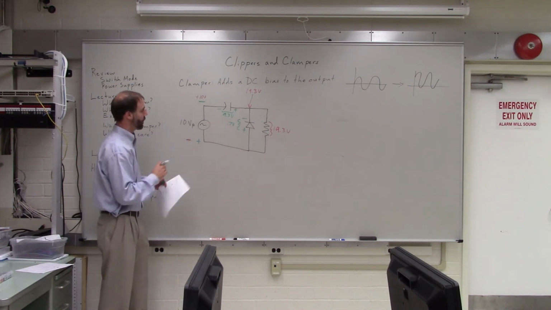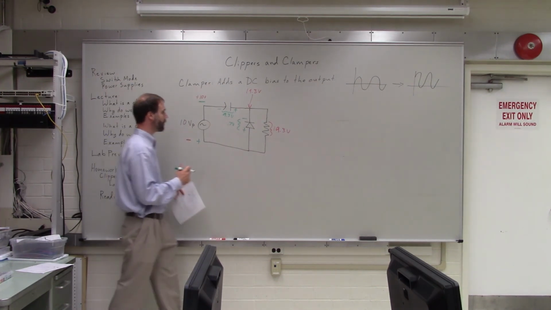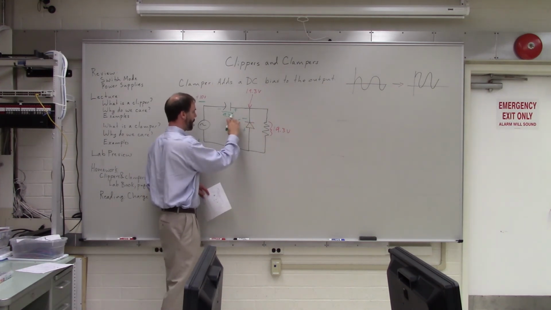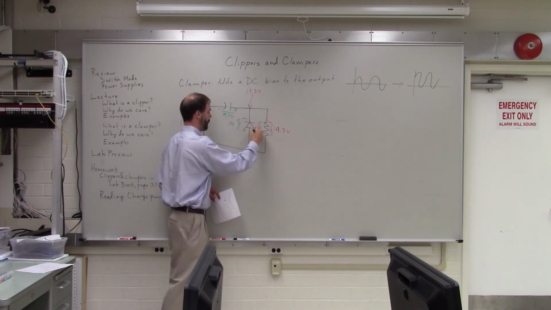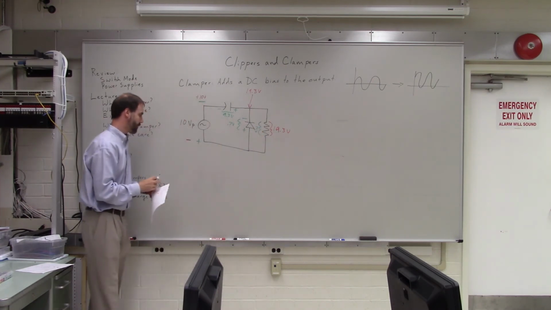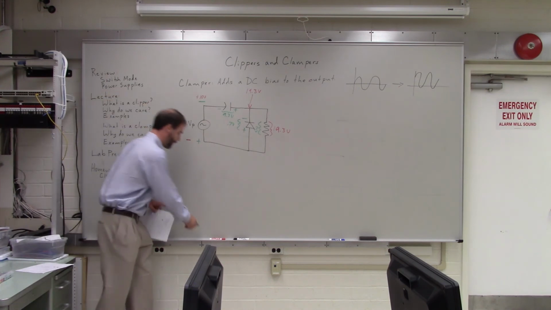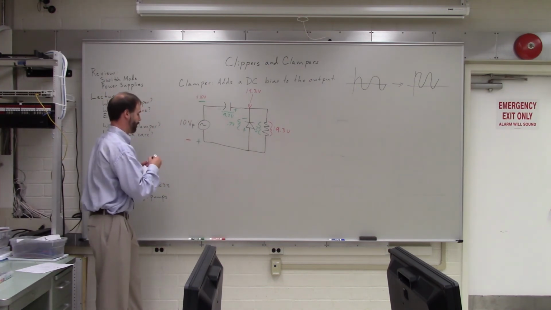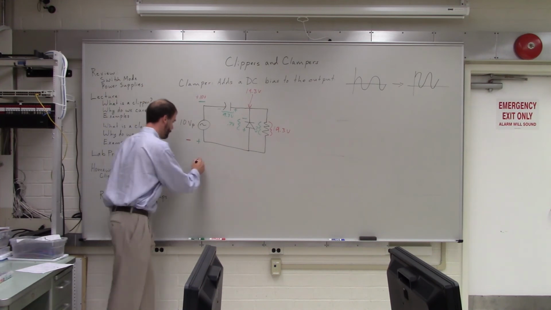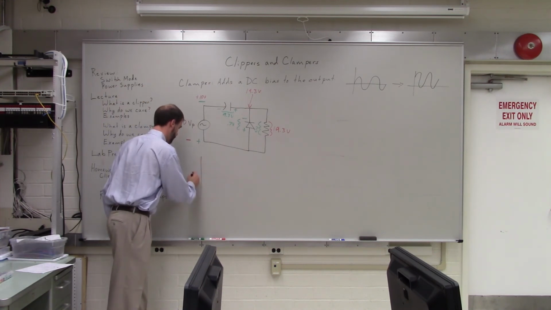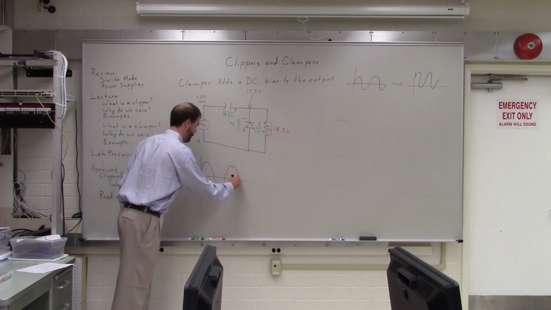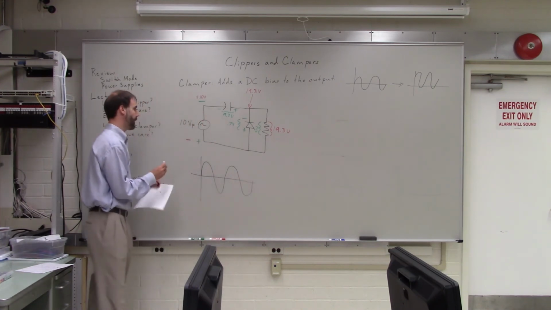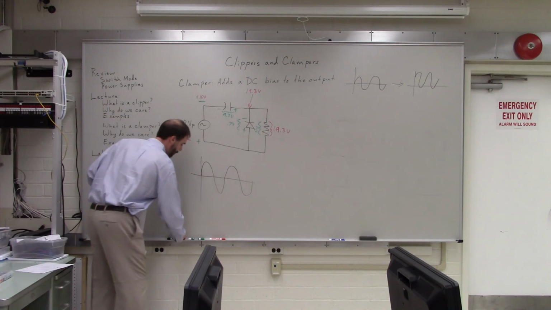And before, the load was in parallel with the diode, so we had 0.7 volts across it. So what you get is, you start with a sine wave that looks like this, but then it gets shifted up.